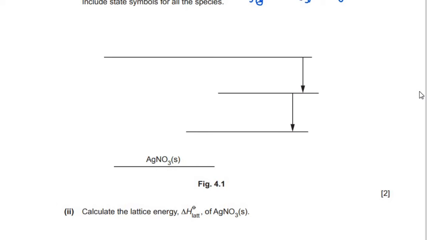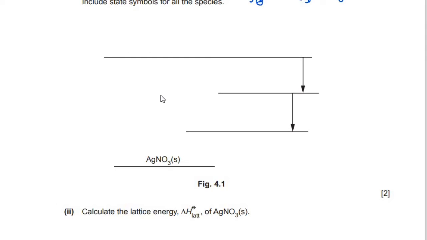Let's understand how to relate the enthalpy change of solution and hydration and lattice energy. Now we can see that there are already 2 arrows given here which are going down. If these are going down from the top, the reaction should be exothermic for this part as the arrows are going down, and that's possible.